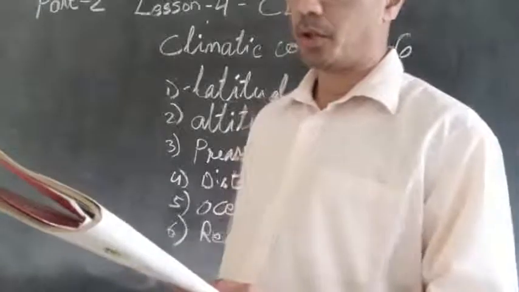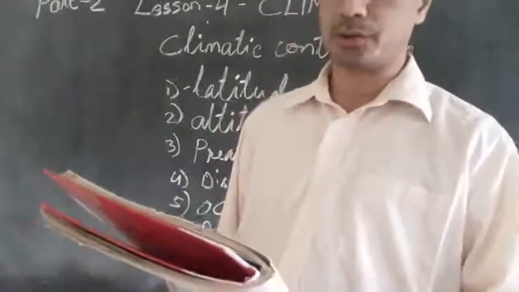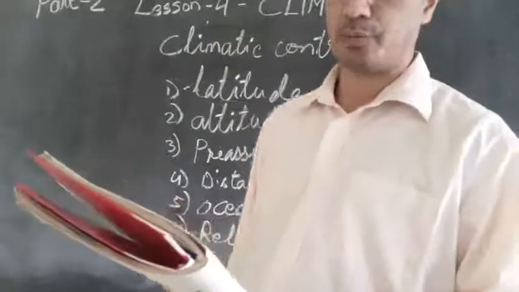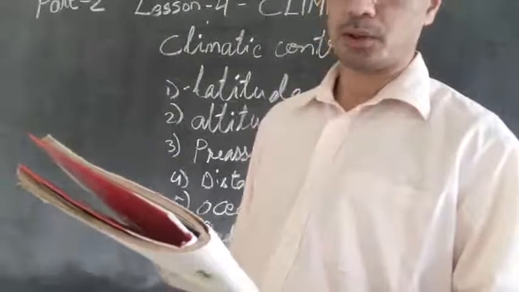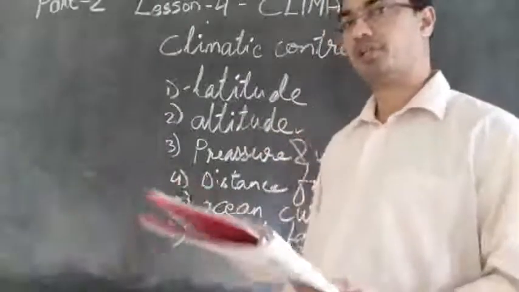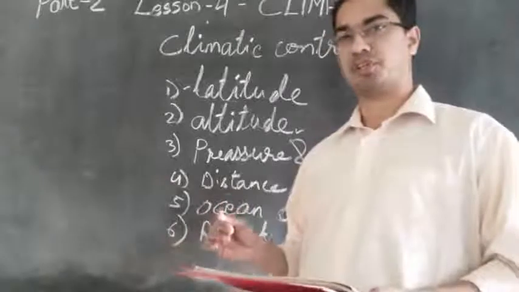As we go from the surface of the earth to higher altitudes, the atmosphere becomes less dense and temperature decreases. The hills are therefore cooler during summers. If you stay in the valley, the temperature is high.